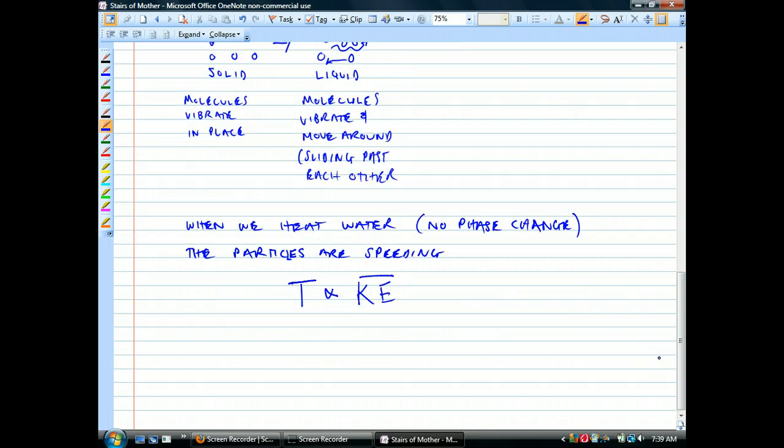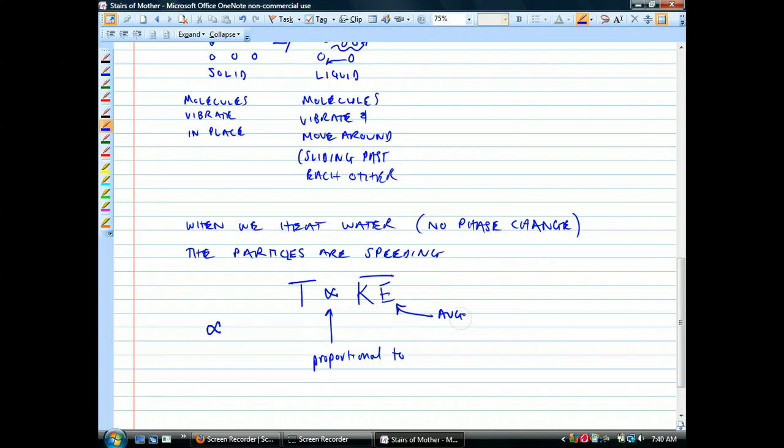Okay? This is proportional to. I guess it's really like this little symbol here. It's like an insect that's trying to bite you. It's proportional to the average kinetic energy. This is the average.